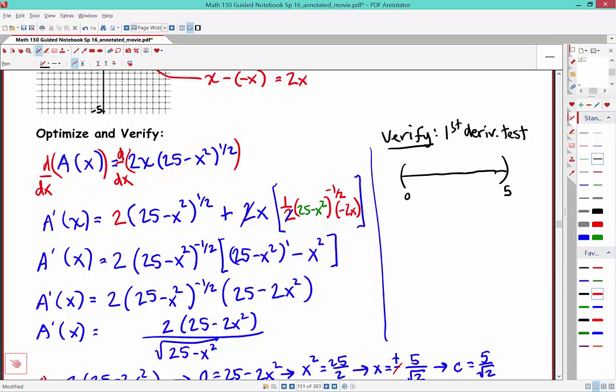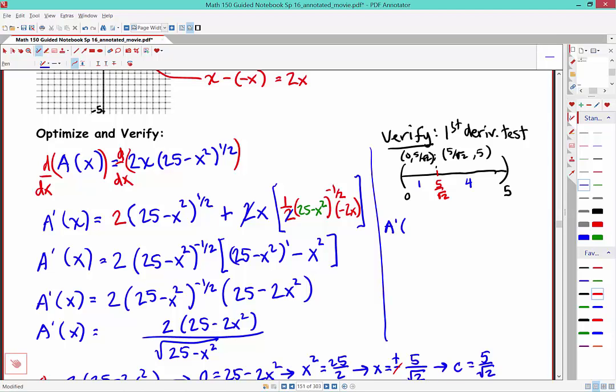And we have our critical number of 5 over root 2, which will be somewhere over here. And so we'll have 2 intervals, 0 to 5 over root 2, and then 5 over root 2 to 5. So if we test 1 and 4, I think that'll work out nicely.